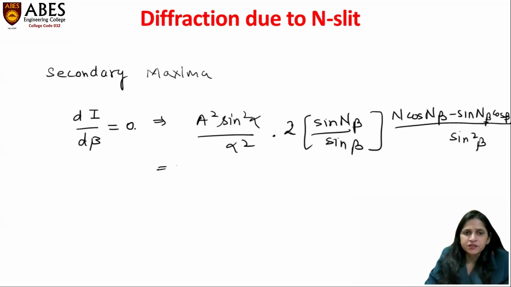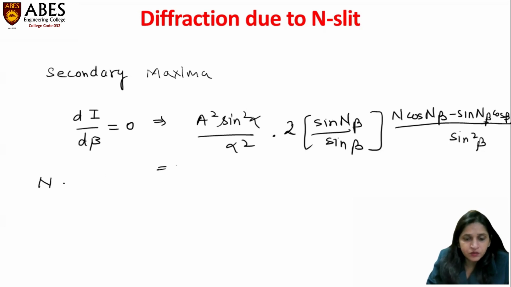So I've already marked 0 over here. So what we are going to get? Because we again know sine n beta upon sine beta, there are again two terms over here. So sine n beta upon sine beta, we are not going to take as equal to 0. Either this will be 0 or that will be 0. And if we are taking this as 0, then this will give the position of principal maxima and minima.